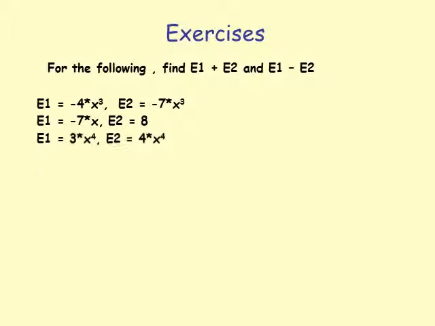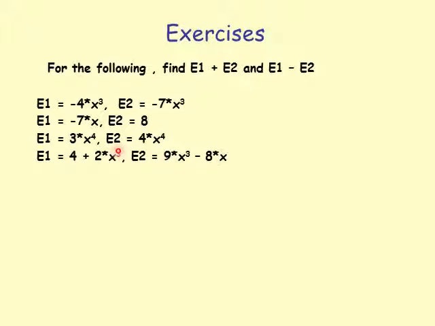Another one, E1 is 3 times x to the fourth power, and E2 is 4 times x raised to the power of 4. Next, E1 has two terms here, 4 plus 2x cubed.